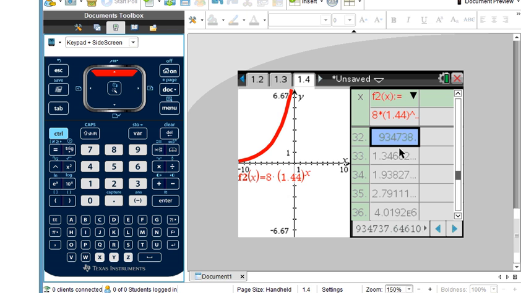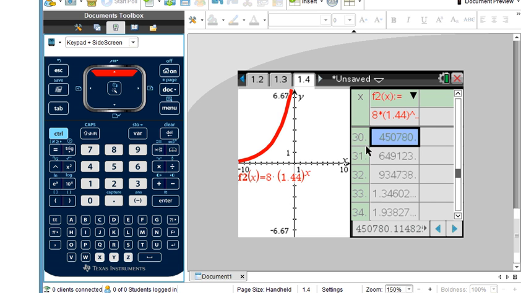Okay, we got 934,738. Okay, let's go back. Okay, looks like between 30 and 31, we're going to be there, and we're talking about 12 per day.